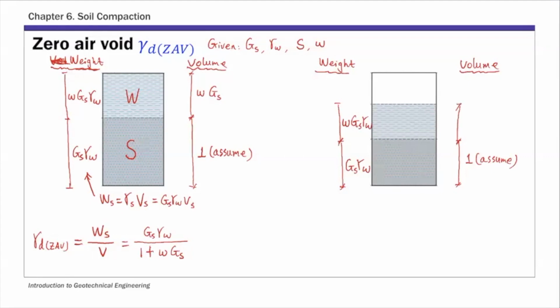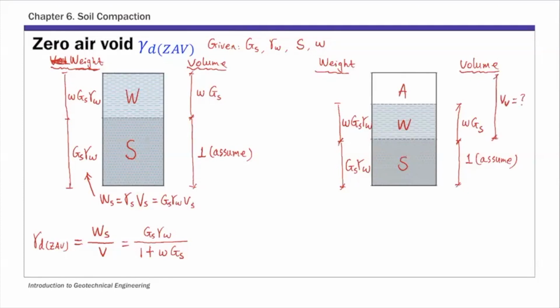And volume of water is basically weight of water divided by unit weight. This is water, air, and solid. If we want to express gamma D for moist soil in terms of degree of saturation and water content, you need to find the volume of void.